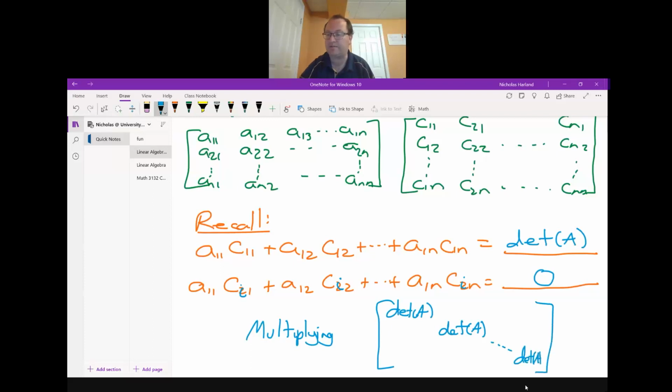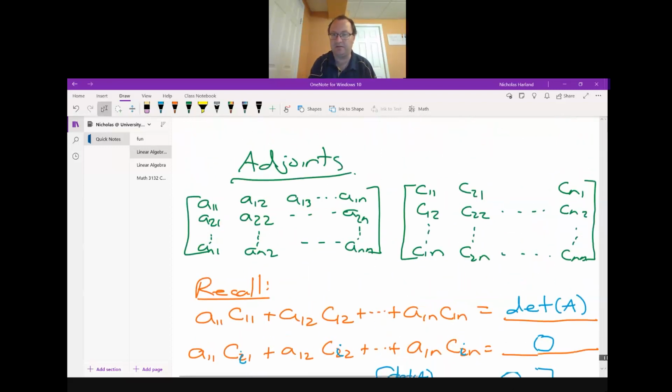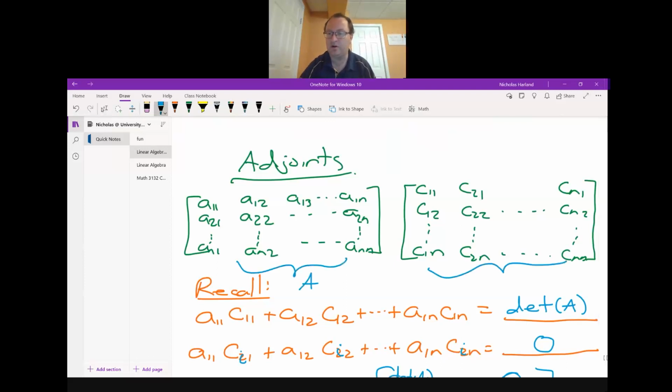And what would we get off that diagonal? Off the diagonal, we would get zeros absolutely everywhere. In other words, we get the determinant of A multiplied by the identity. So this matrix right here, the first matrix was just A itself. So here's A. And over here, we're getting something that looks a little bit like a cofactor matrix. If we look here, we're getting the cofactors in every single entry.